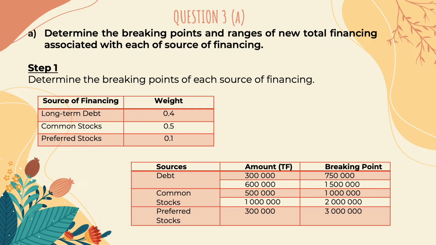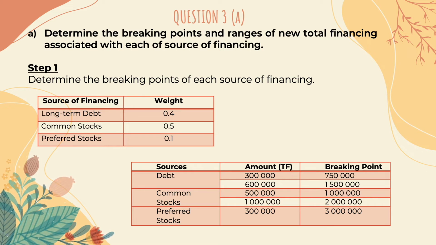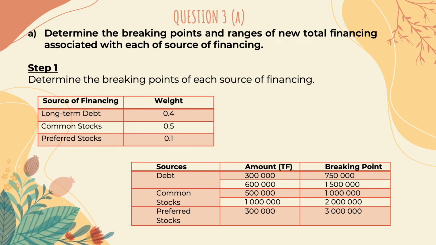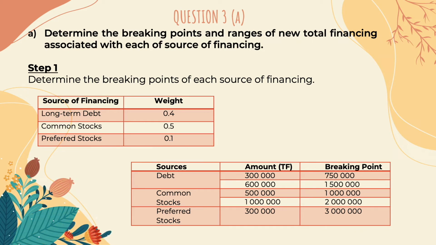600,000 divide 0.4 equal to 1,500,000. For common stocks, 500,000 divide 0.5 equal to 1 million and 1 million divide 0.5 equal to 2 million. For preferred stocks, 300,000 divide 0.1 equal to 300,000.